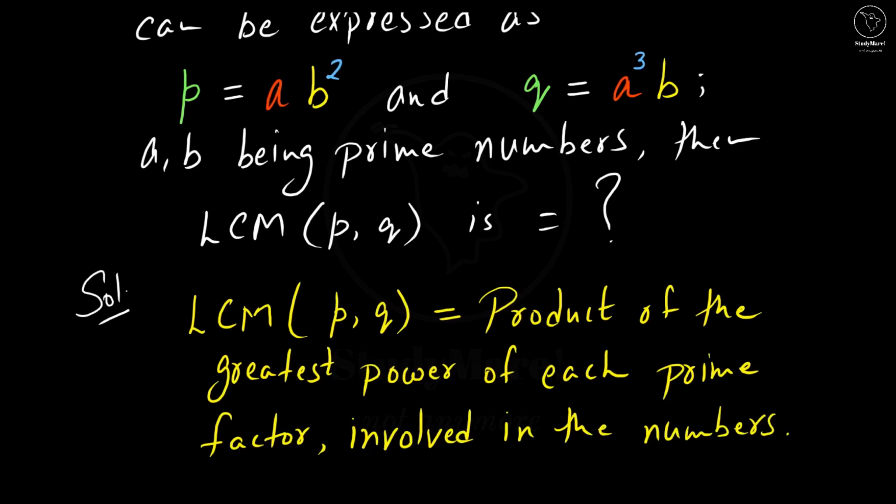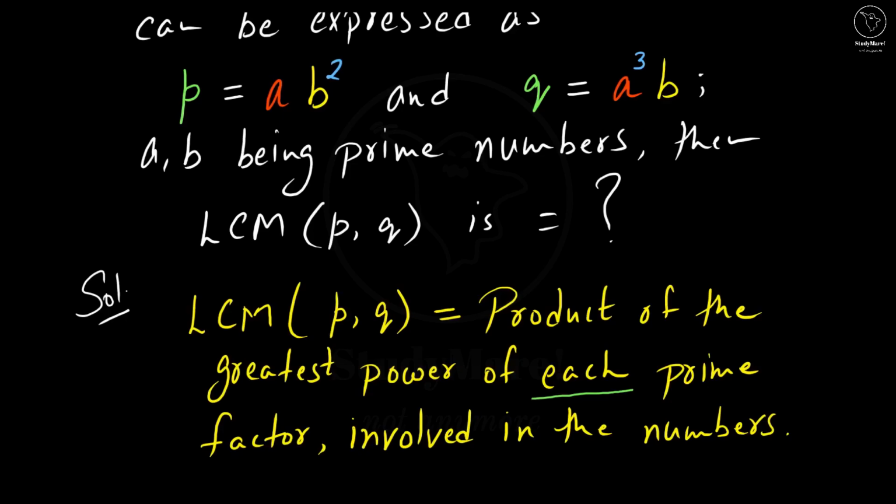So the LCM of any two numbers P and Q means you have to find the product of the greatest power of each prime factor involved in the numbers. There are some key takeaways that will help us solve this question. The first is each. That means we have to consider all the prime factors whether they are present in both or not.